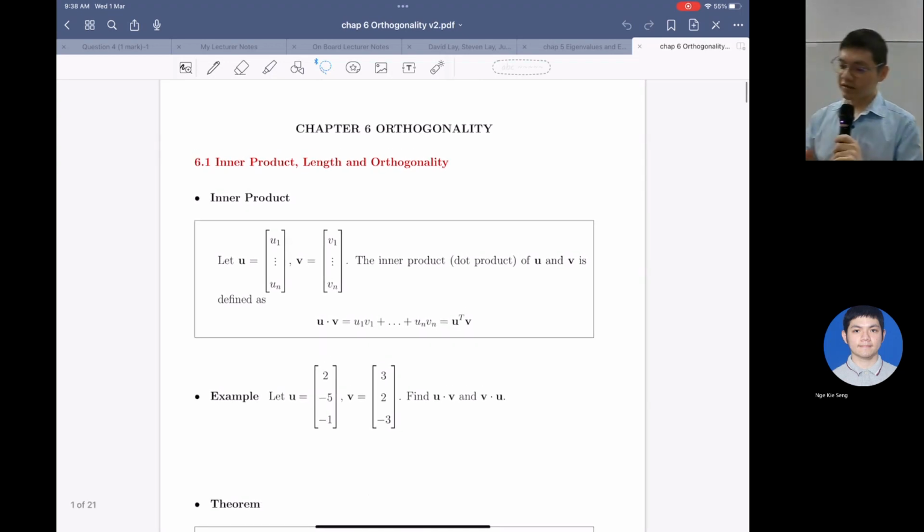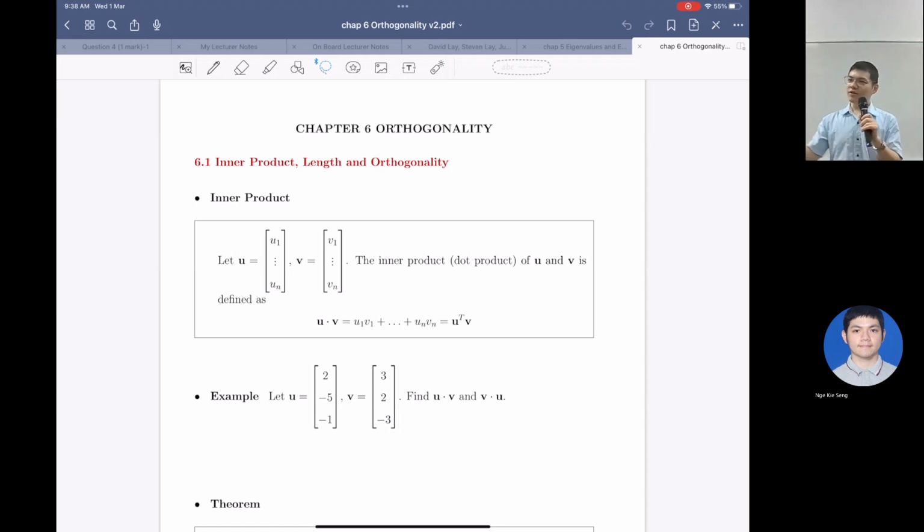This chapter is about orthogonality. When you see the word orthogonality, what do you think? You know what orthogonal means? Anyone know? Okay. Orthogonal means 90 degrees to each other, perpendicular to each other.